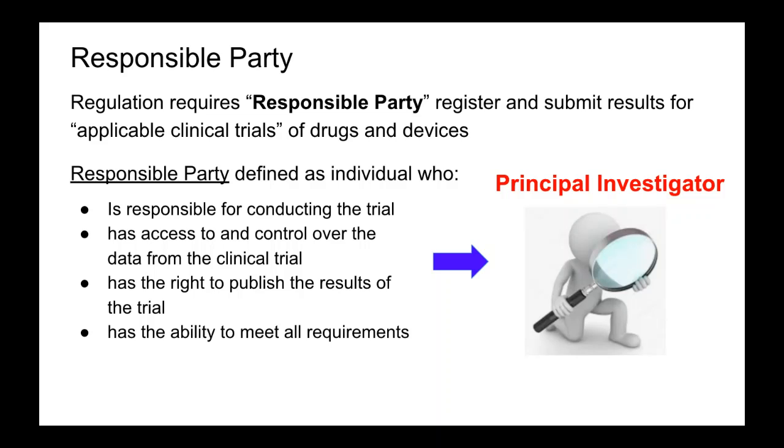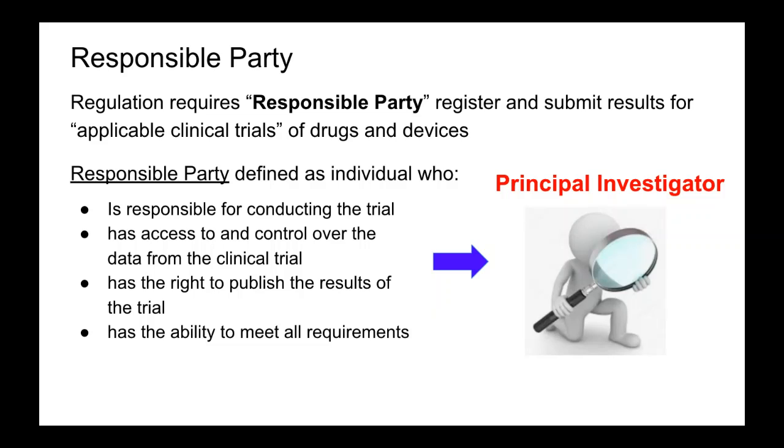Again, regulation requires the responsible party to register and submit results for applicable clinical trials of drugs and devices. Regulation defines the responsible party as the individual who is responsible for conducting the trial, who has access to and control over the data from the clinical trial, has the right to publish, and has the ability to meet regulatory requirements.